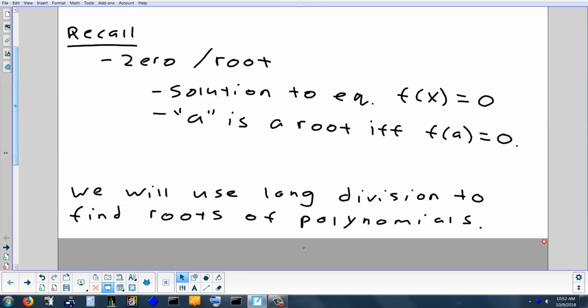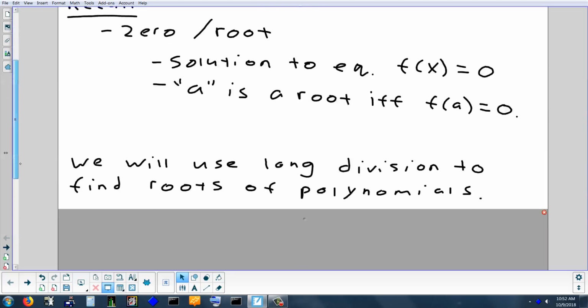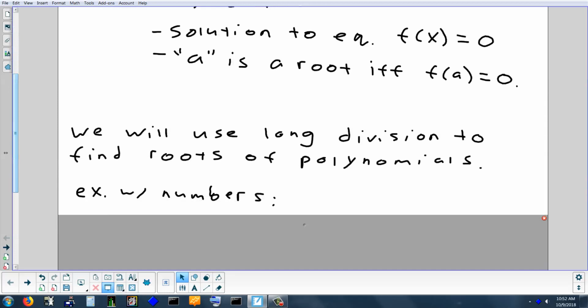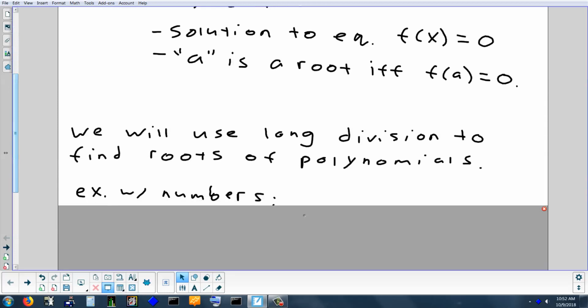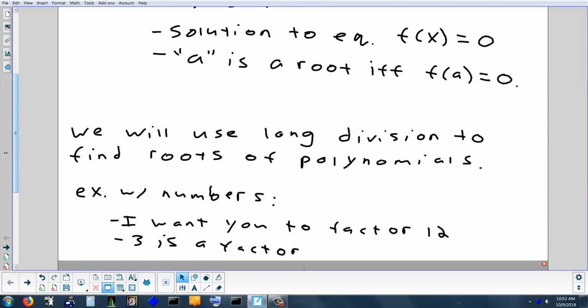So what we're going to do is use long division to find roots of polynomials. I'm going to show you an example first with just regular numbers, and then you'll see we're going to do the same idea for polynomials. So let's say that I wanted you to factor the number 12.